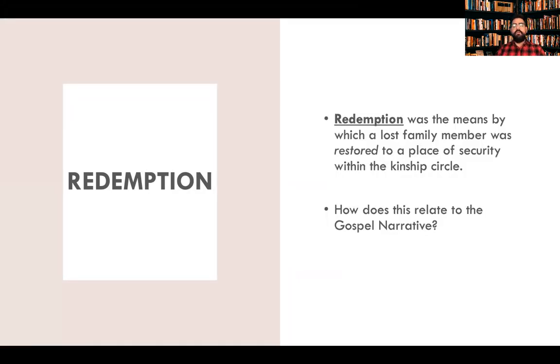And so redemption in these various forms is the way in which a lost family member is brought back home, restored back into a family.